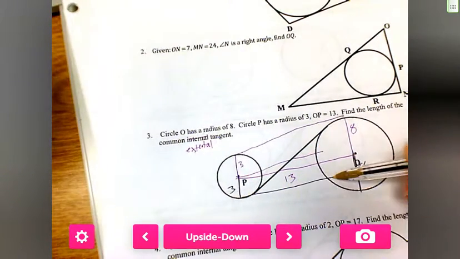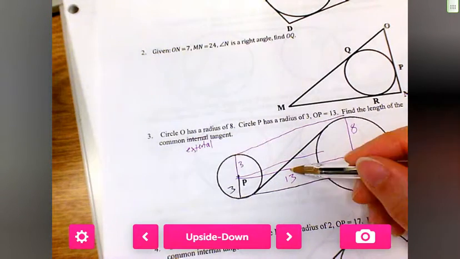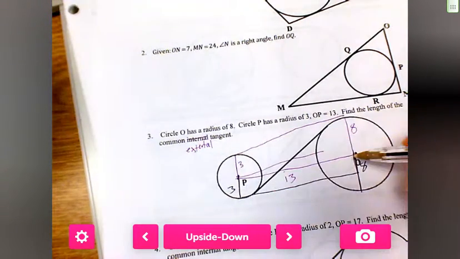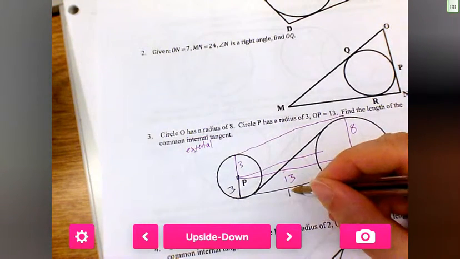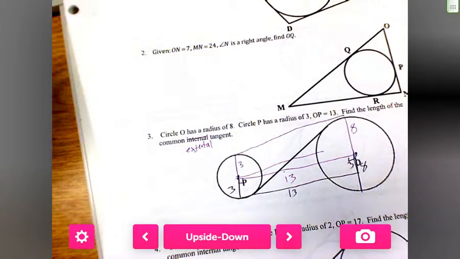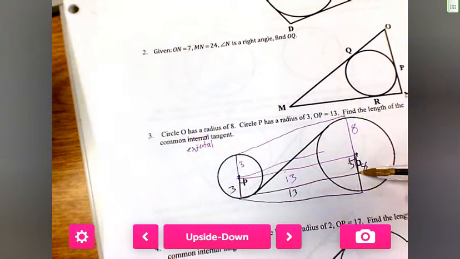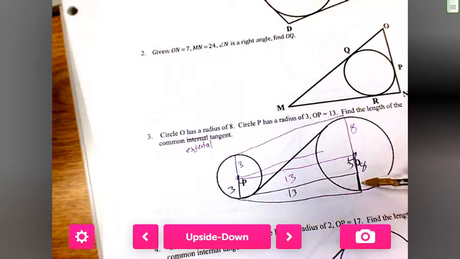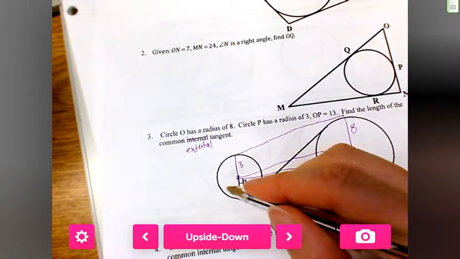If I took this and cut this off, do we agree that this top part, if OP is 13, if I make this 3 and this 3, this can be 13 too because they meet at 90-degree angles. So then I have created a right triangle right here, where this distance isn't 8 anymore. 8 minus 3 gives us 5. So you see how we have this right triangle at the bottom?